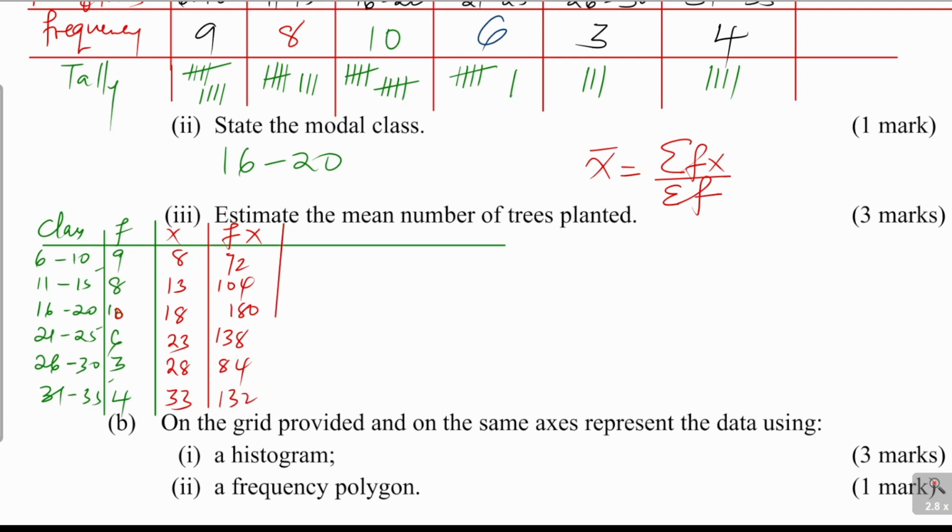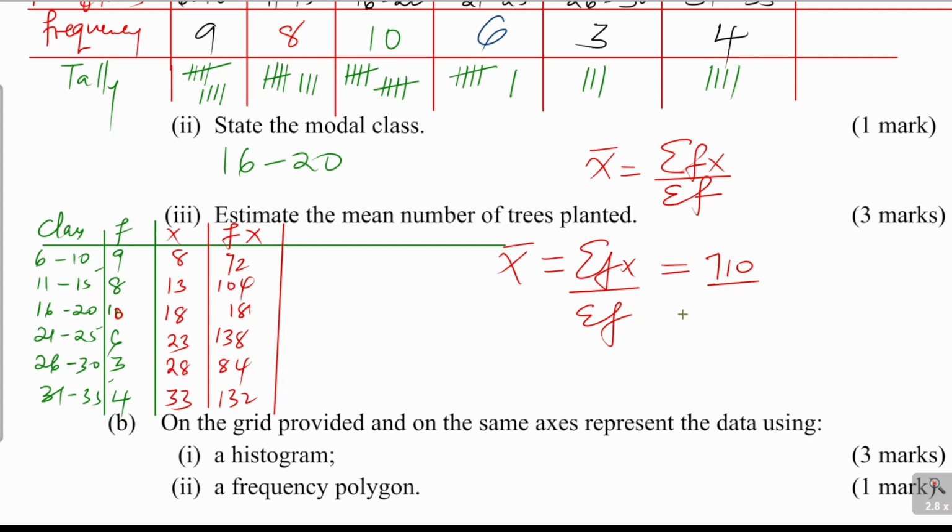So that is what you're supposed to have. Then you sum up everything from 72 to 132. So the mean is given by the summation of fx: 72 plus 104 plus 180 plus 138 plus 84 plus 132 gives 710.